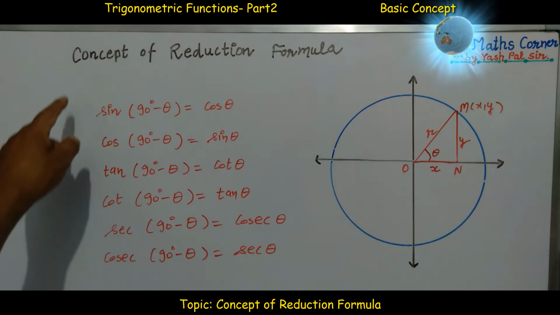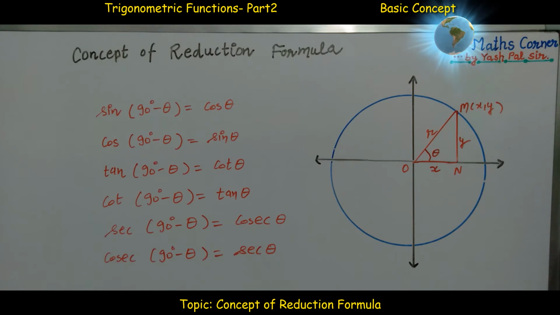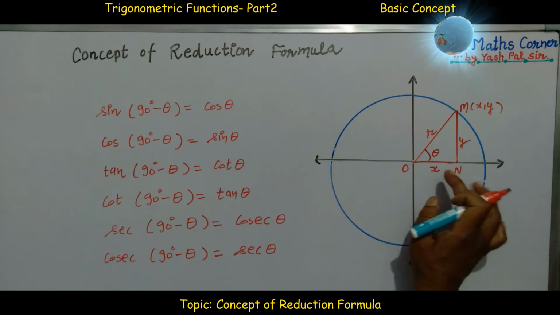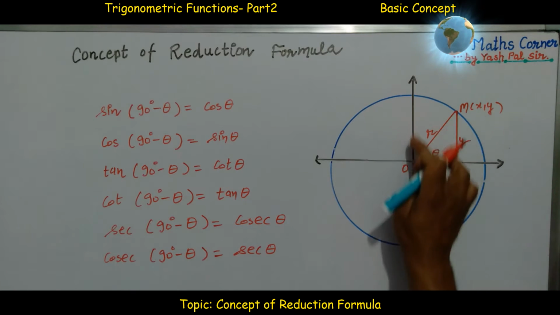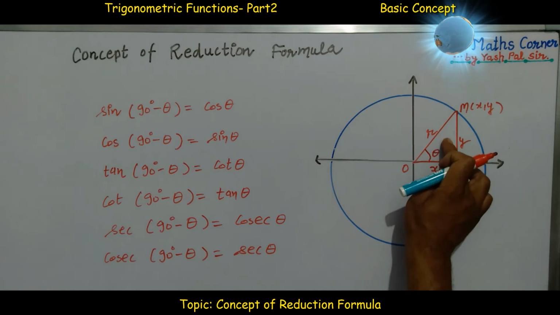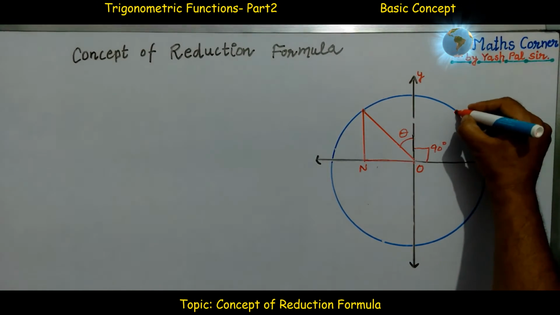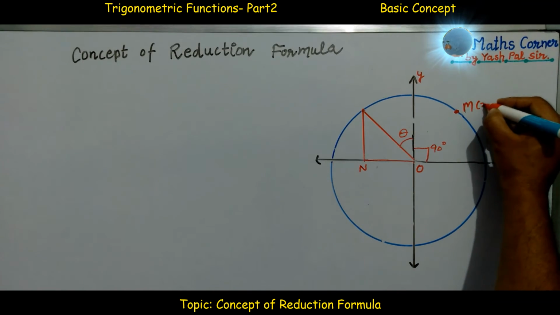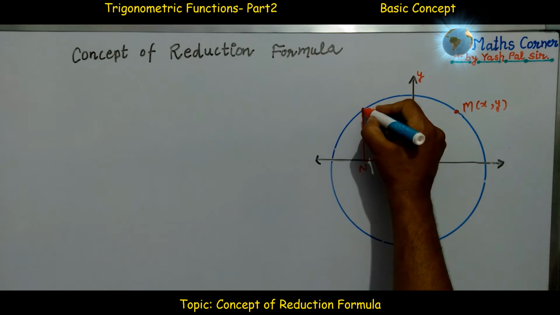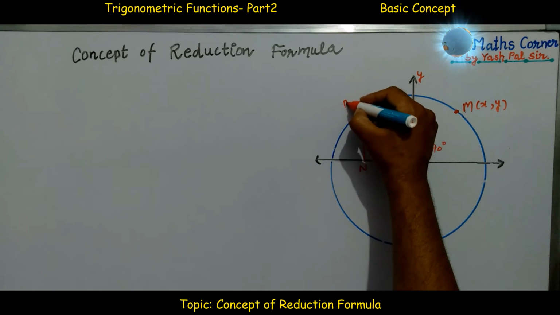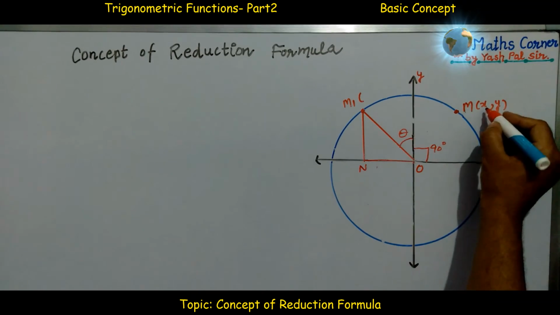Now we are going to study the concept of reduction formula. We studied that the right angled triangle was constructed in the first quadrant. Now what happens if this is in the second quadrant? Suppose the moving point M having coordinates x comma y has a new location M1.